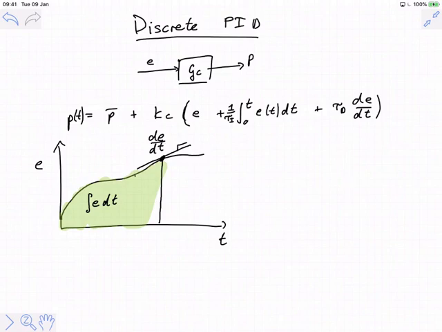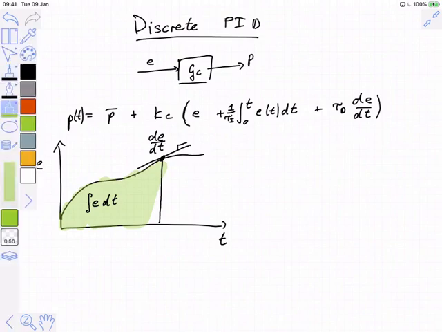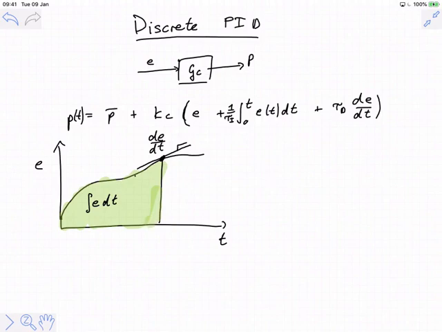That's the kind of picture that we have in the analog domain. We have an error curve changing, and a nicely continuous area under a nicely continuous curve.